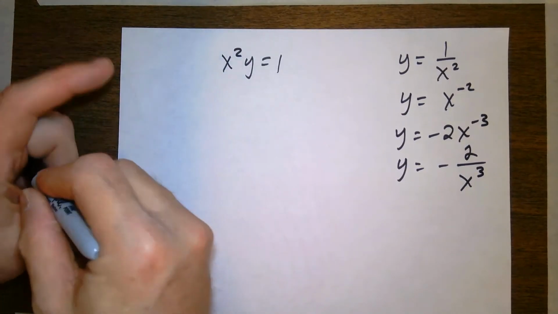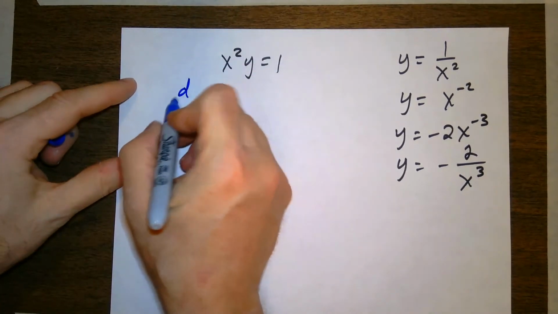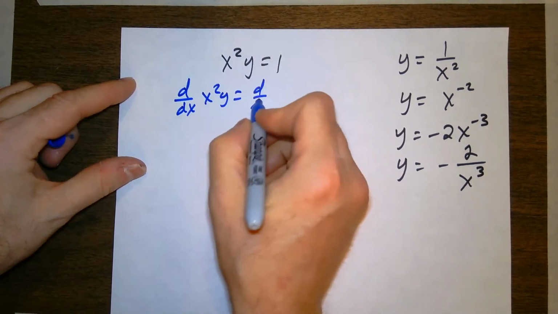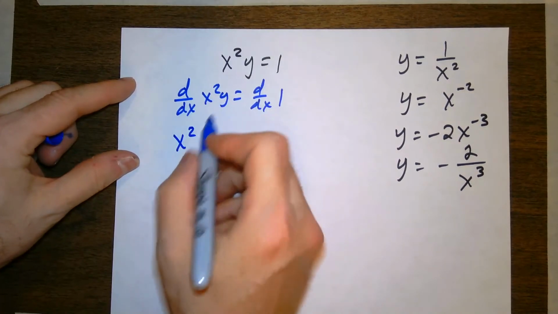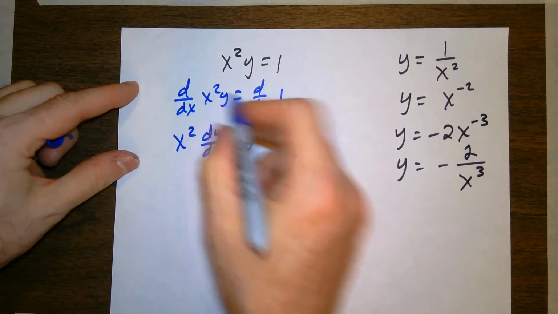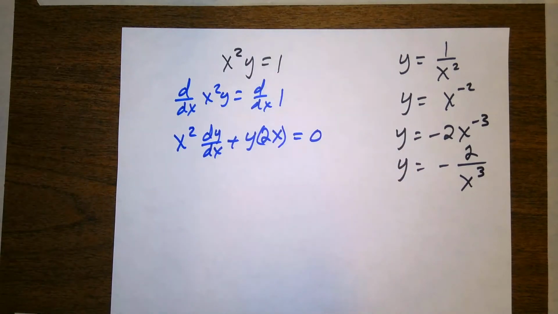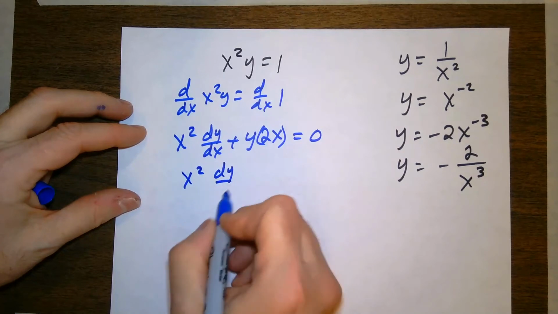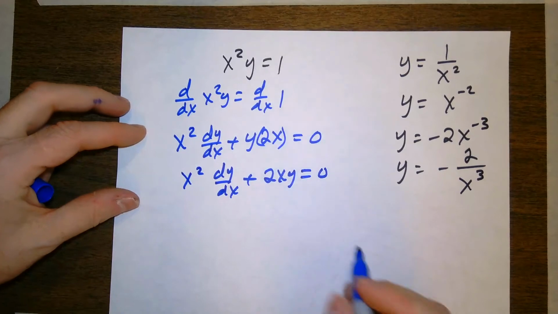I've got a product rule here, so I know it's going to be the derivative of x squared y, the derivative of 1. So product rule: the first times the derivative of the second, plus the second times the derivative of the first, equals 0. Clean this up a little bit. x squared times dy/dx plus 2xy equals 0.